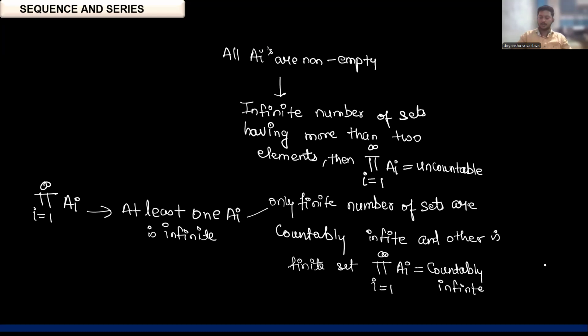So this is the information you get: if you have an infinite Cartesian product and at least one Ai is infinite, then two observations. First, only a finite number of sets are countably infinite and the others are finite sets, so their product from i equals 1 to infinity is countably infinite.